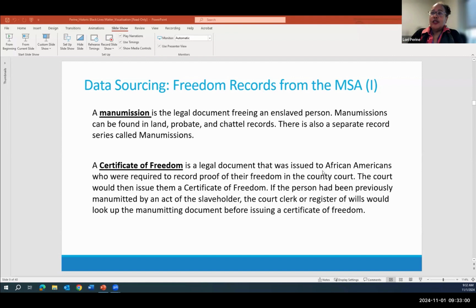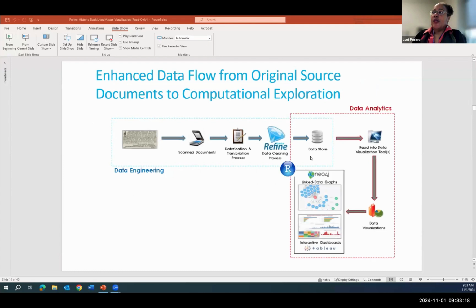So they carried these certificates of freedom, which were very detailed documents that described them and indicated their current or former status as well. So these two types of documents formed the basis of our analysis.